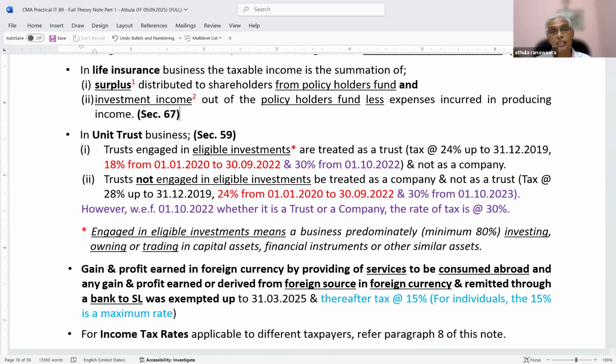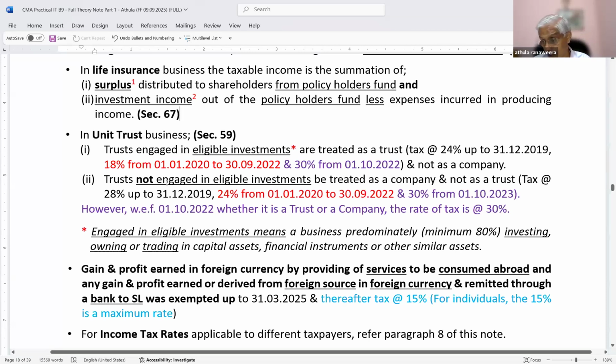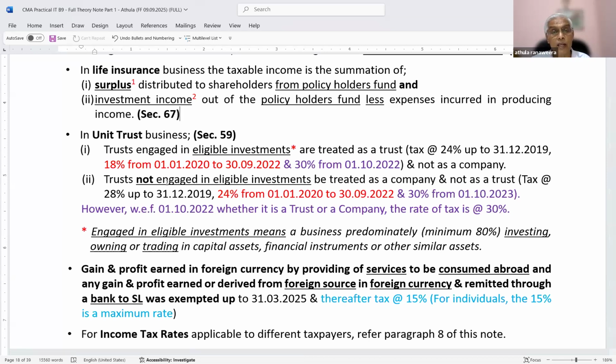Then the unit trust has educated investment advisors analyzing and advising people. They get together, take decisions and invest in various places.